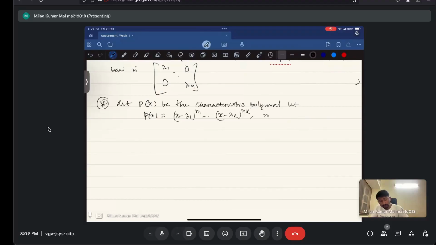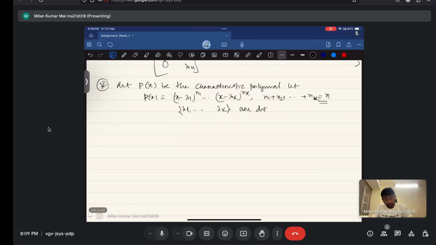As we know that the characteristic polynomial is of degree n, so this sum will be n, and each of lambda 1, ..., lambda k is a distinct eigenvalue of T.